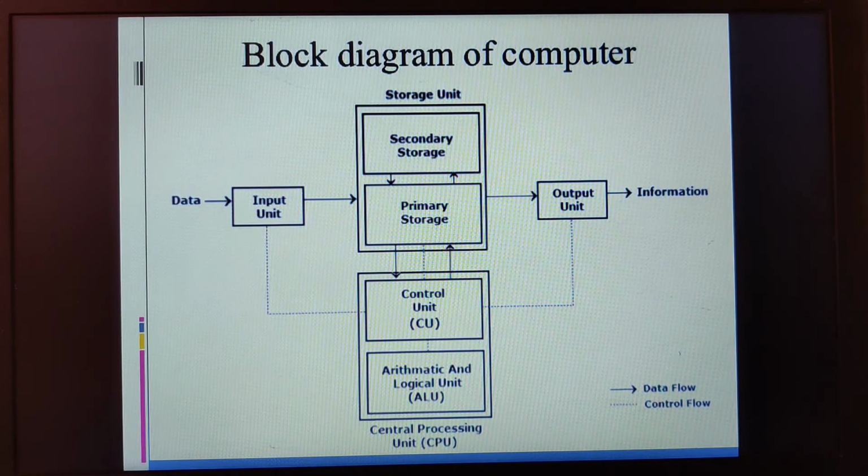So what do we mean by read? Whenever data is entered through the input unit, the data and instructions are sent to the central processing unit for processing. So the CPU is capable of reading what data the user is sending. Say it is 2 plus 5 into 3.